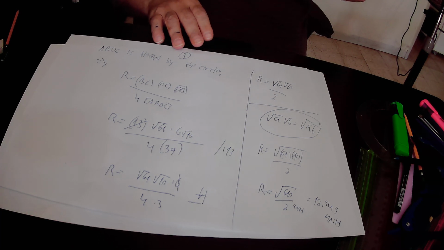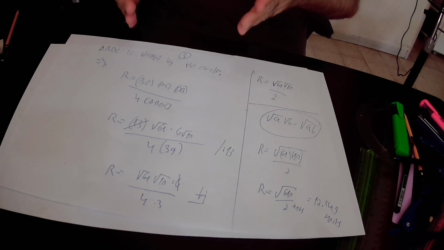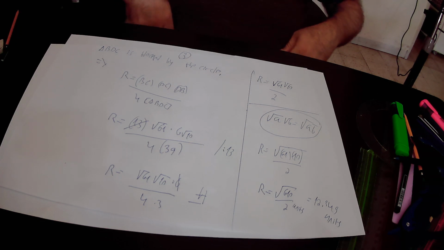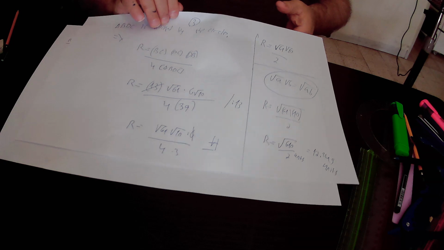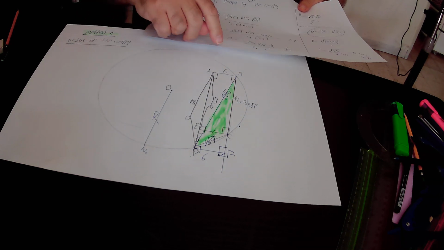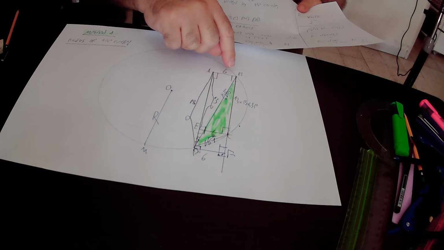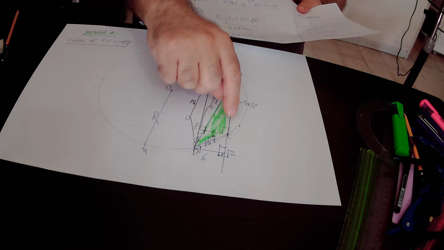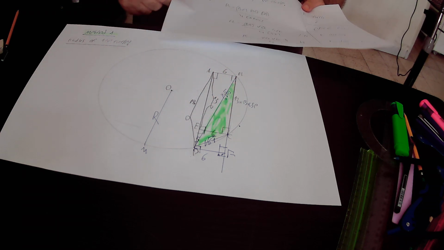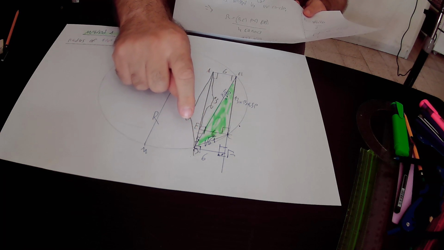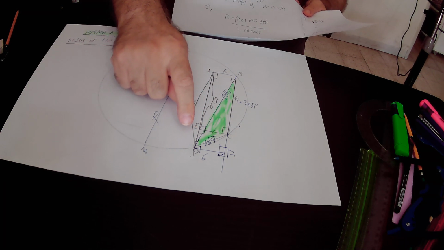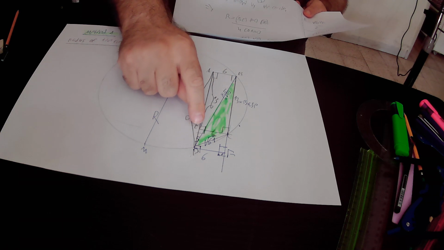According to rule number 1, the radius of the circle that blocks triangle BDC will be equal to the multiplication of the side lengths of the triangle. The length of this side is BC, the length of this side is CD, and the length of this side is BD.